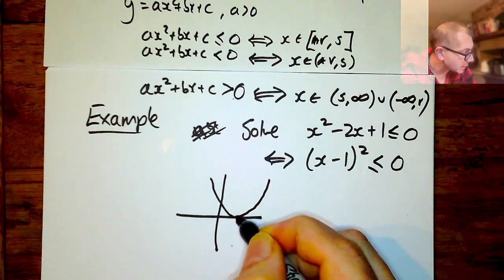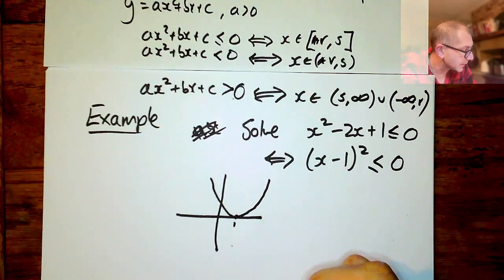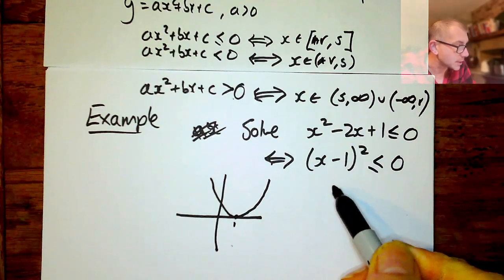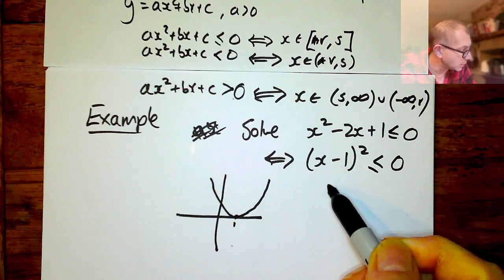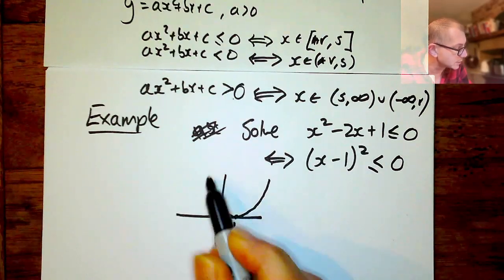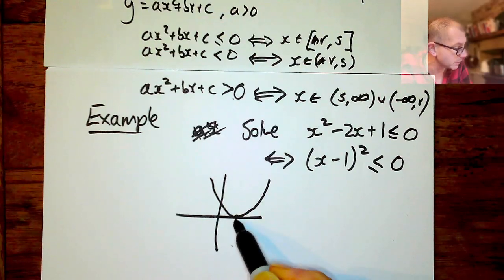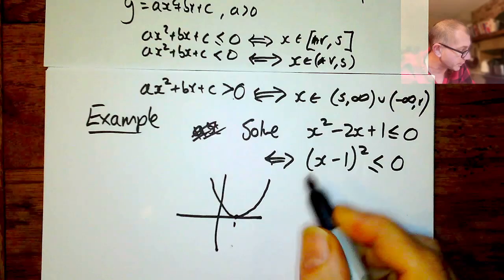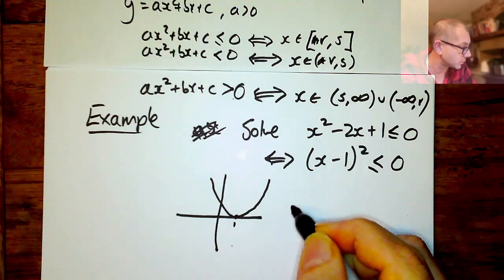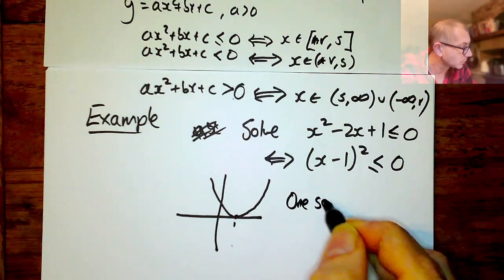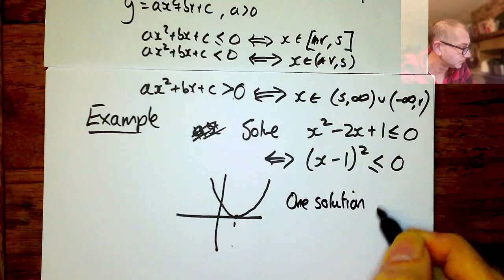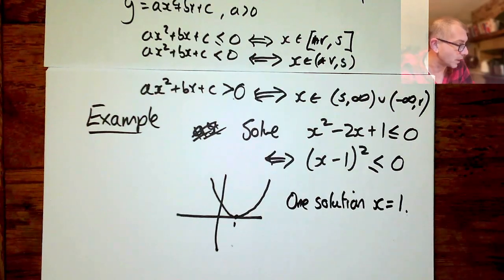It has exactly one solution just there, and in that case, I get a single solution. So when is this less than or equal to 0? Well, it's only less than or equal to 0 in exactly this one place where it actually is 0. So we get one solution, x equals 1.